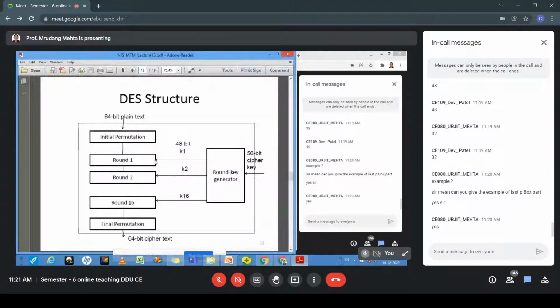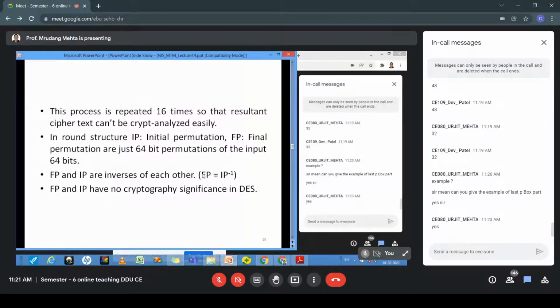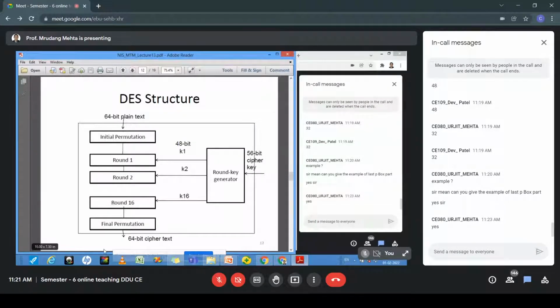But there is a relationship between this initial permutation and final permutation. What is that? The initial permutation is the inverse of the final permutation. Remember that we don't just want to do encryption, we also want to perform decryption.